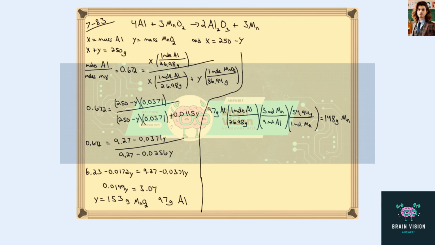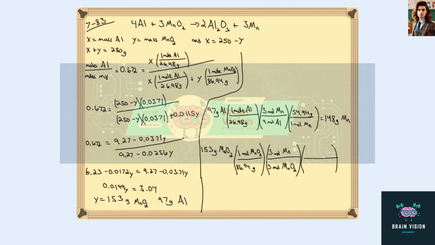until we figure out the mass of manganese that can be produced from 153 grams of manganese 4 oxide. To calculate this number, we'll take the mass manganese 4 oxide divided by its molar mass to get moles manganese 4 oxide. Then we'll convert the moles manganese 4 oxide to moles manganese, seeing that it's a 3-to-3 mole relationship.